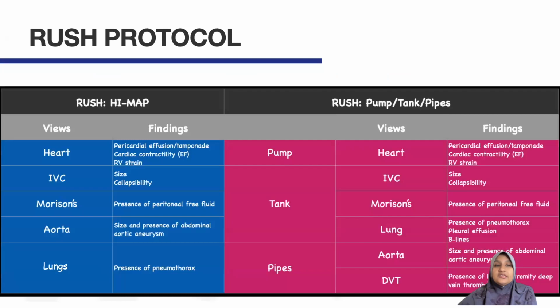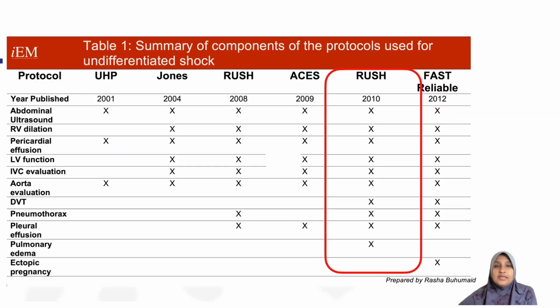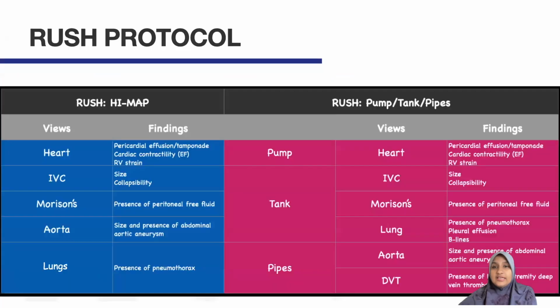Okay, this is the difference between the RUSH HIMAP that was initially developed in 2008 and later updated in 2010. The initial one is HIMAP and the later one is RUSH pump, tank, and pipes. The HIMAP RUSH protocol looks at 5 organ systems: the heart, IVC, abdomen, aorta, and lungs.